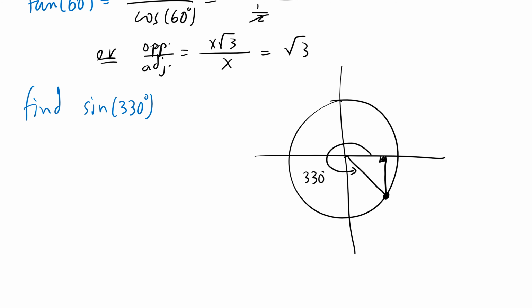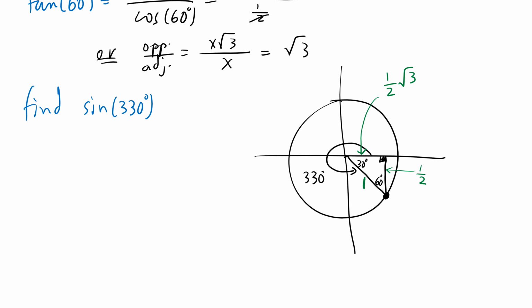Because the whole circle is 360, this angle is 30 degrees and this is 60. Because it's a unit circle, the radius is 1. So the side facing 90 is 1, the one facing 30 is half of it, and the one facing 60 is the one facing 30 times root 3.